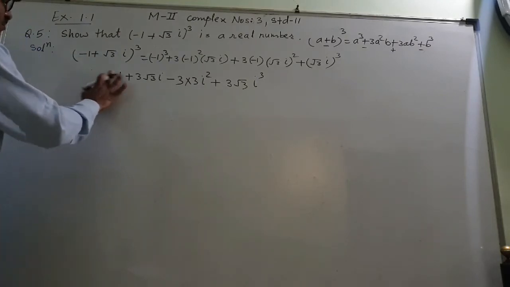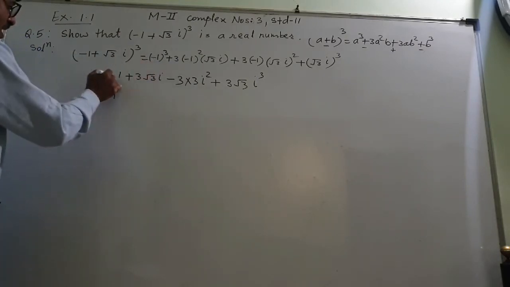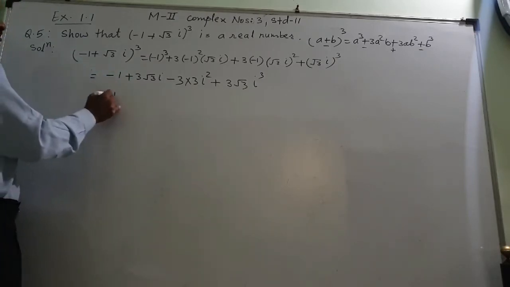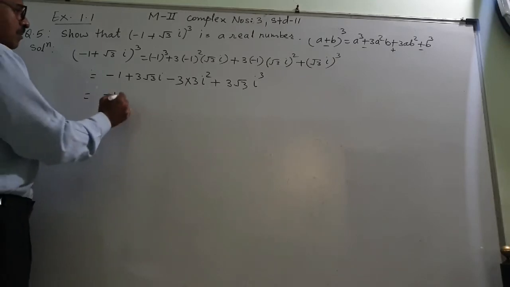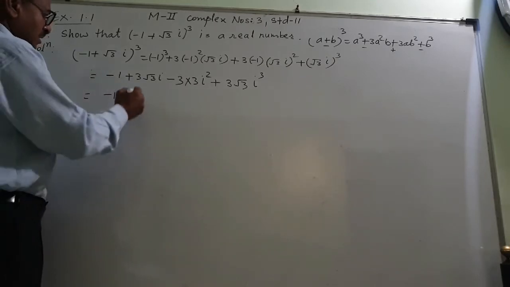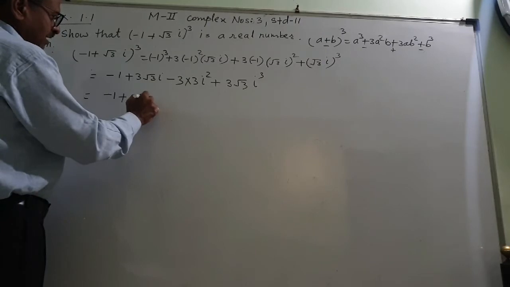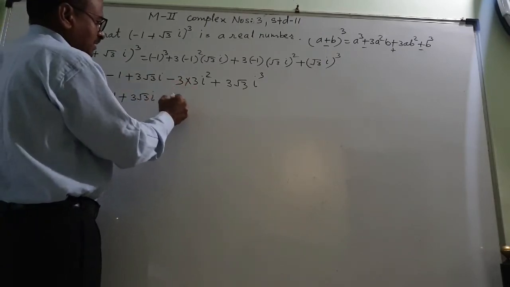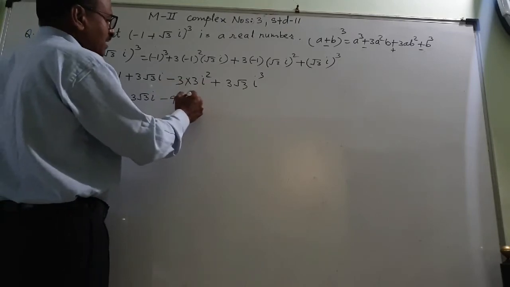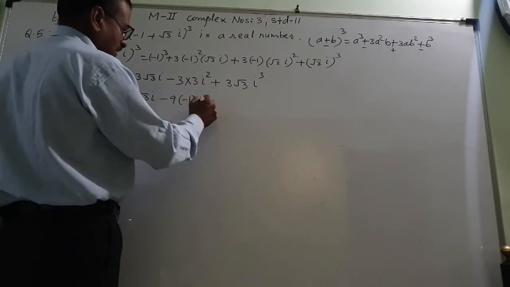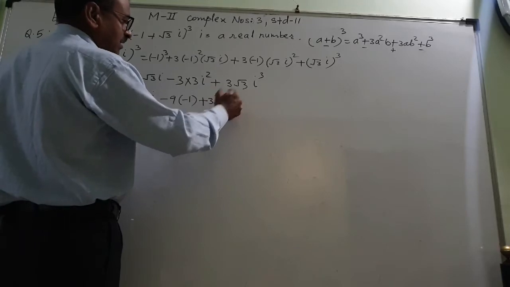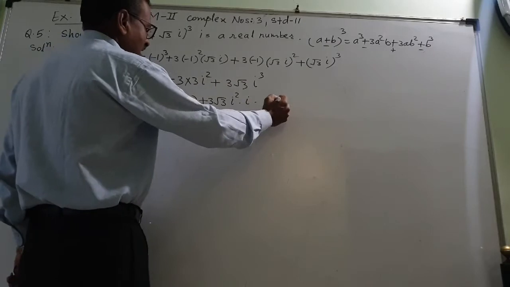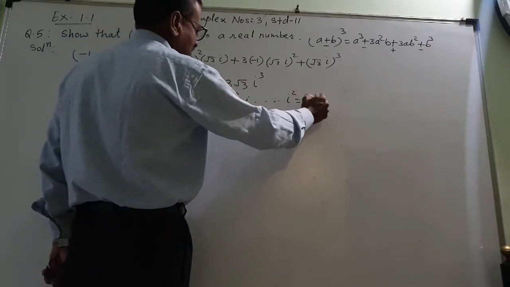This -1 cube is -1, plus 3√3i, minus 3 times 3 is 9, minus 9 and i square means -1, plus 3√3. This I will split as i square into i, and here I have written i square equal to -1.